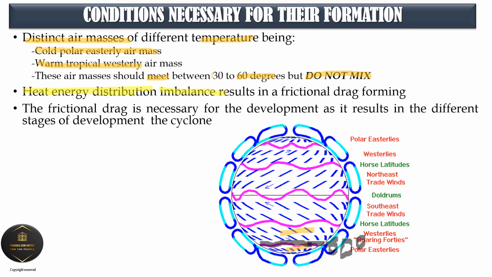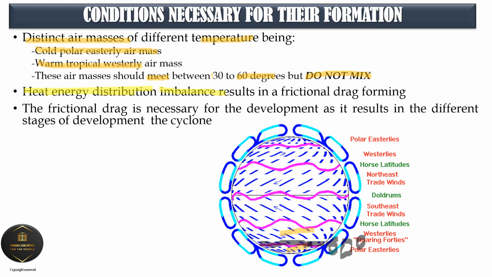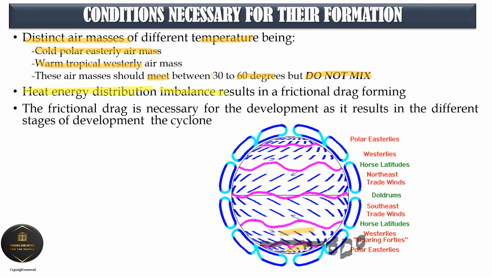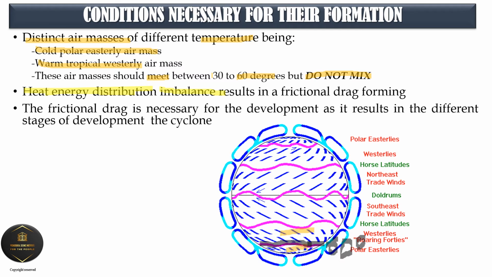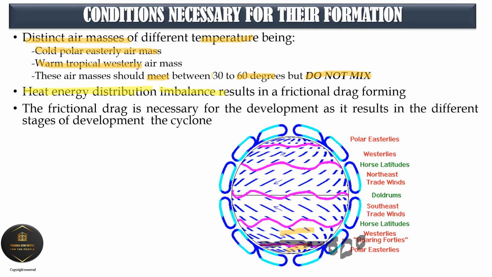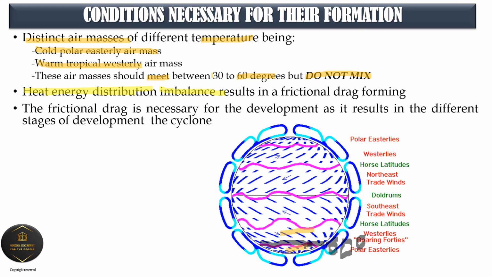Remember now, the imbalance is caused by how the system will decide to behave. And how will it behave? Remember, we know that cold air, we said it is more dense, it is more heavy. So it will do what? It will always sink. And we said warm air is less dense, it is less heavy, so it will always rise.